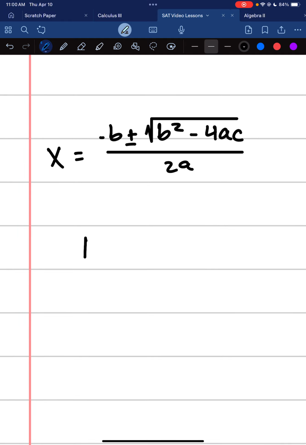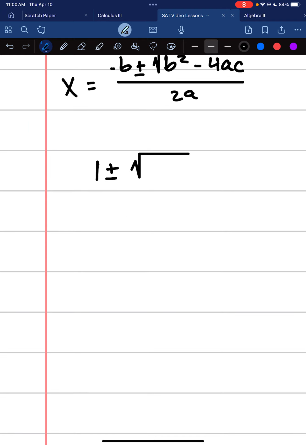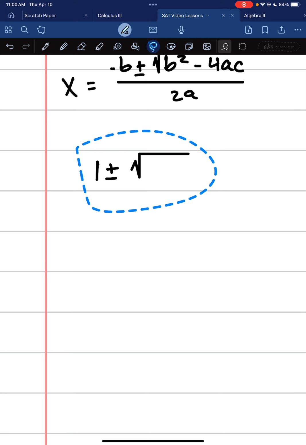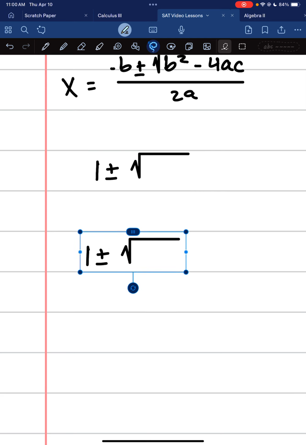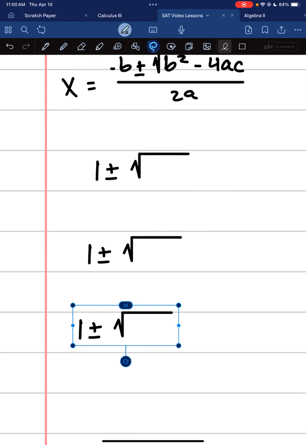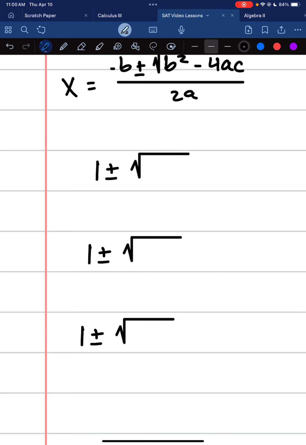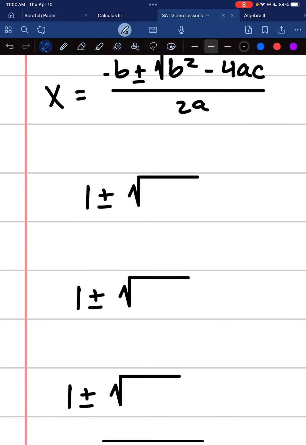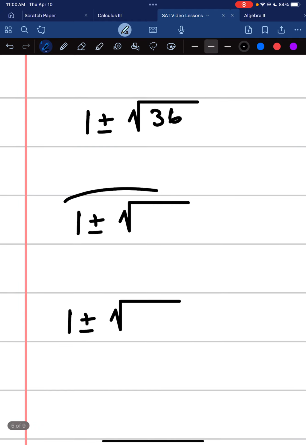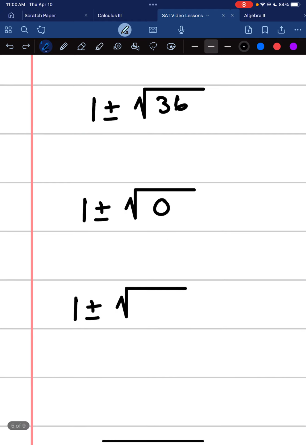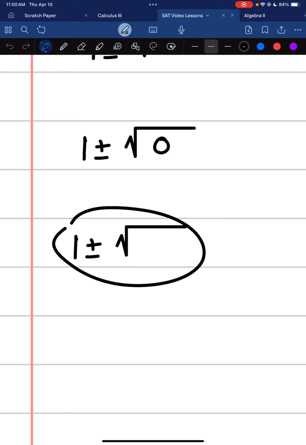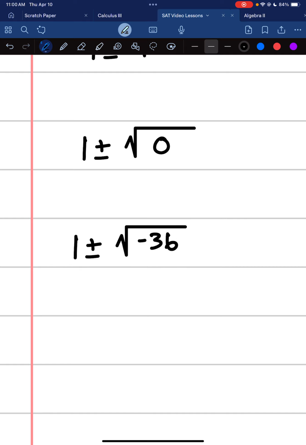Let's say that we have 1 plus or minus the square root of some number. And I'm going to write this 3 times. First, let's say that we have 1 plus or minus the square root of a positive number, like 36. Now, in this one, I'm going to put 0. And in this one, I'm going to put negative 36.